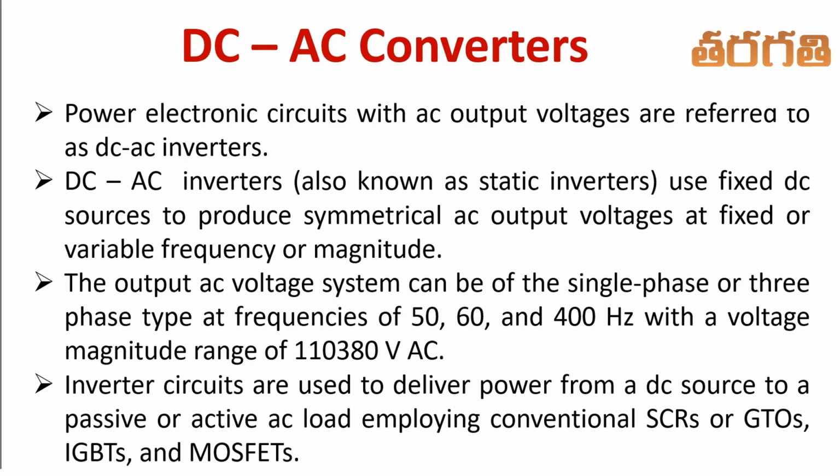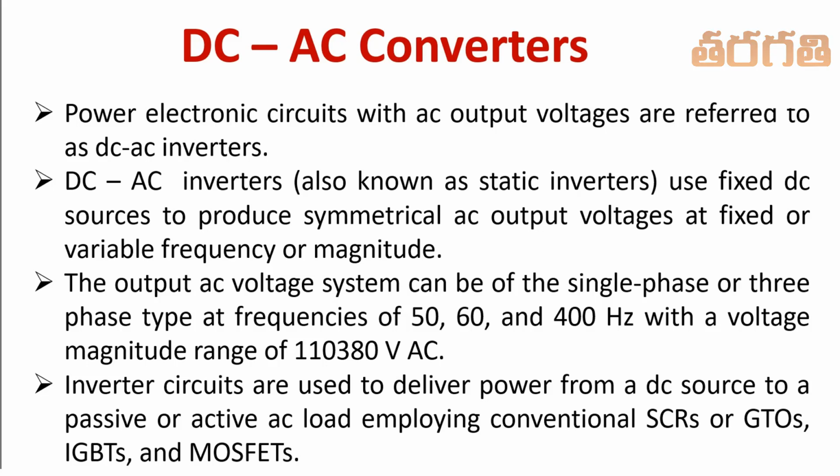It means it is possible for us to obtain a fixed frequency AC output voltage or a variable frequency AC output voltage, or it is possible to have a fixed magnitude at the output terminals.